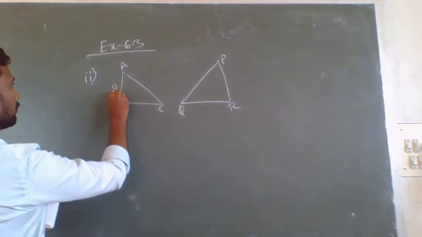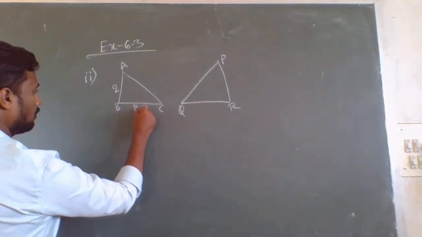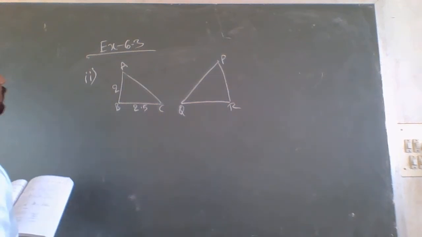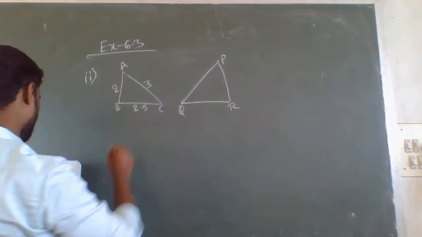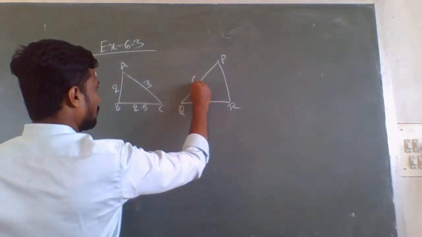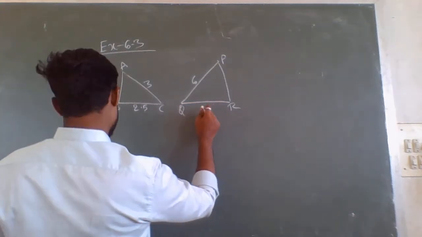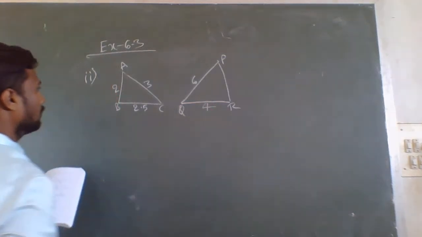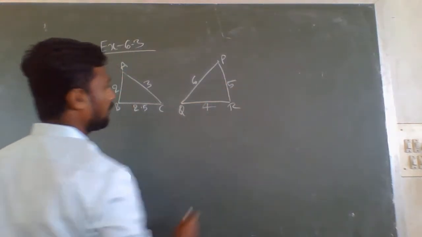Here AB is of 2 centimeters and BC 2.5, AC 3 centimeters. Here PQ 6 centimeters and QR 4 centimeters and PR is of 5 centimeters.